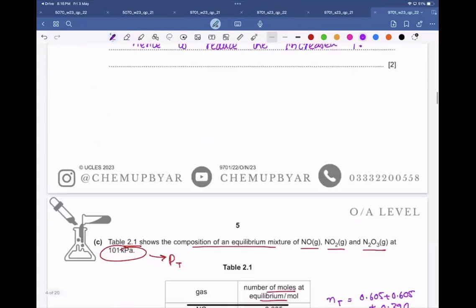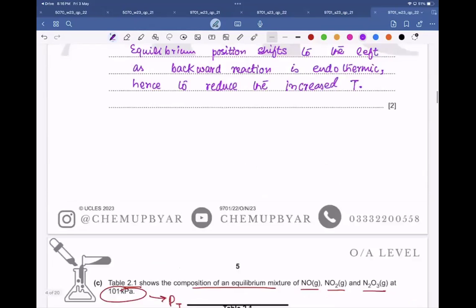Yes, they have mentioned that the pressure is constant when you are increasing the temperature. So we have explained how the equilibrium shifts when the temperature is increased. Okay. Can anyone calculate it and tell me the answer, please?